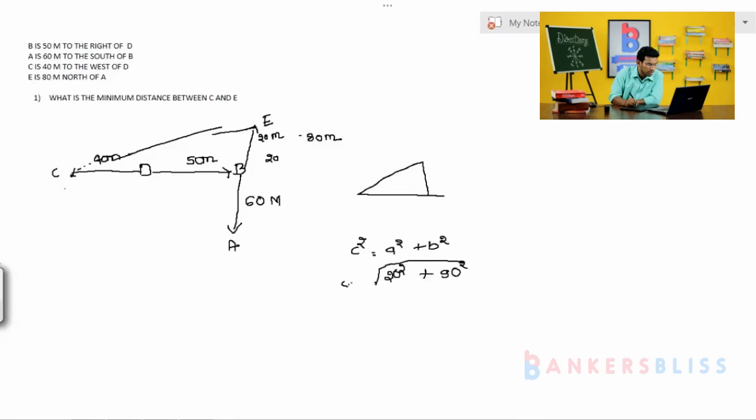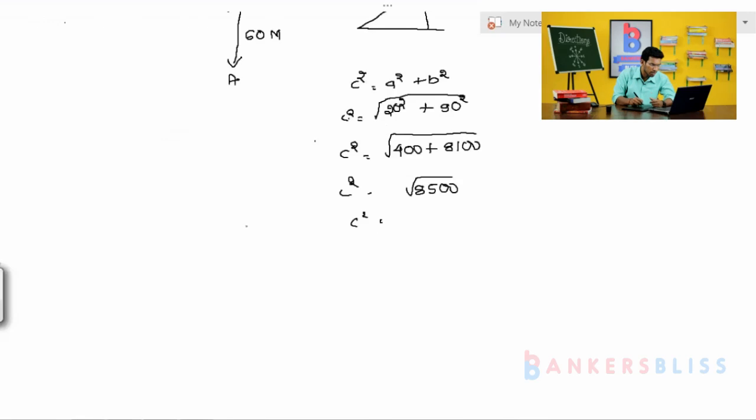Then C square is equal to 20 square, which is 400, plus 90 square, which is 8100. 400 plus 8100 is 8500, root. What is the answer, guys? The root of 8500 is 92.18, so you can take it as 92 or 93, whichever answer is given in the problem.